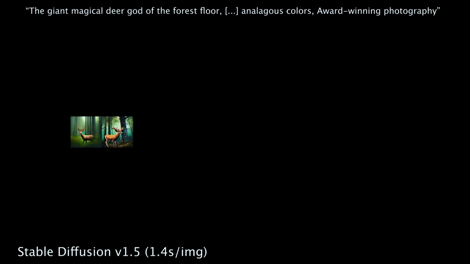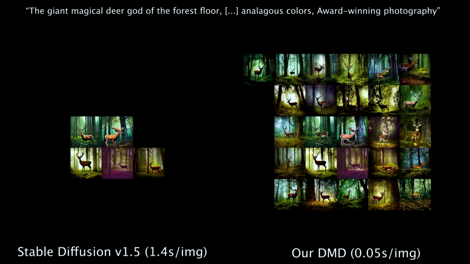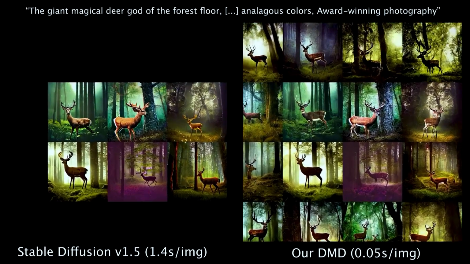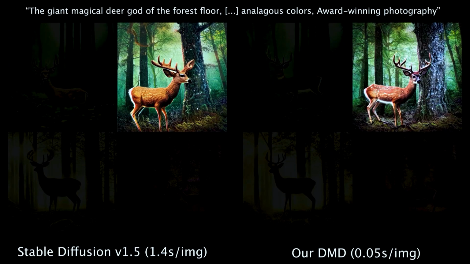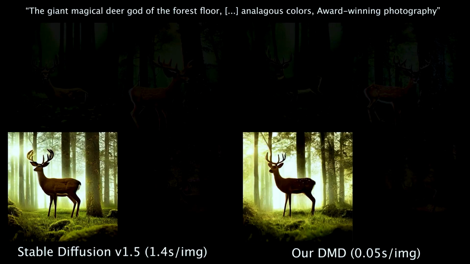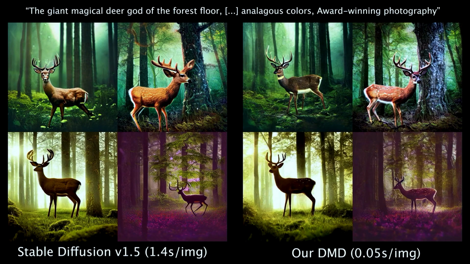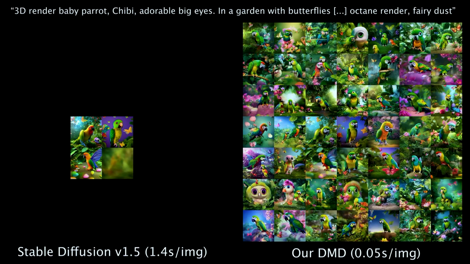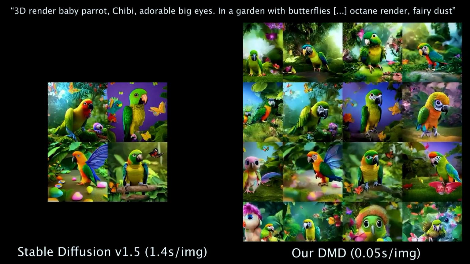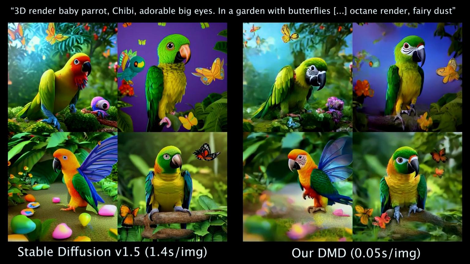So this is a video that tries to show this. This is our model generating images on the right, while this is the old technique, just showing you how much faster our model is at generating things. And the quality is roughly similar. We lose a tiny little bit in diversity depending on the comparison we make.